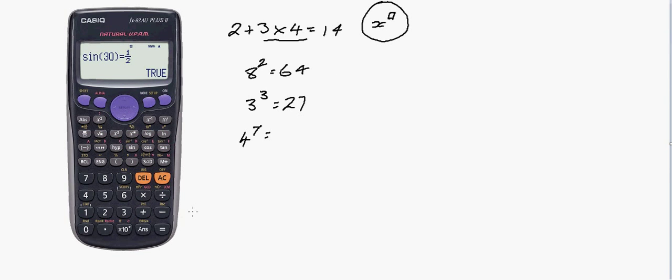If we want 4 to the power of 7, we put 4, we hit this button, and it will go 4, and then this will flash because it's asking what power.